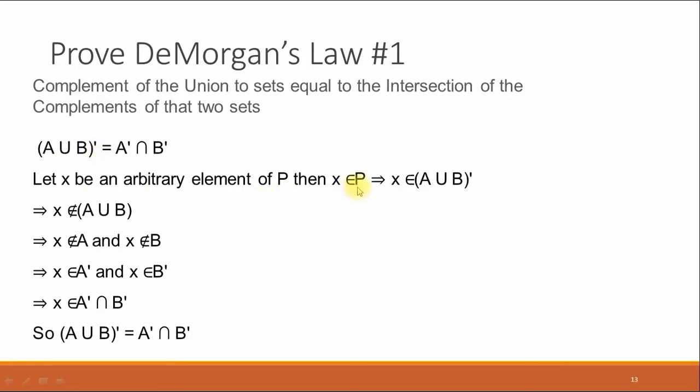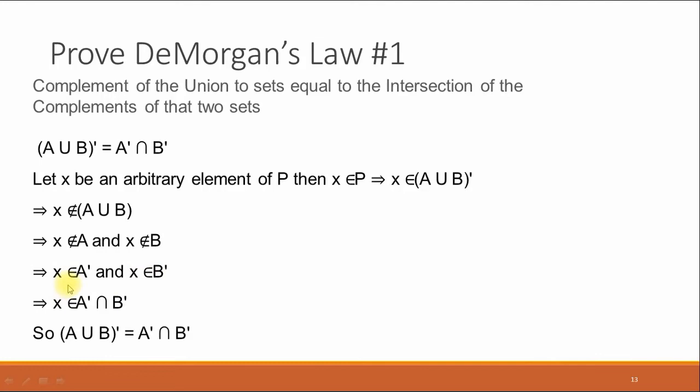Then X belongs to P means X belongs to (A union B) whole complement. Since X belongs to (A union B) whole complement, this implies that X does not belong to A union B. Since X does not belong to A union B, so X does not belong to A and X does not belong to B. Since X does not belong to A, so X belongs to A complement, and X does not belong to B means X belongs to B complement.